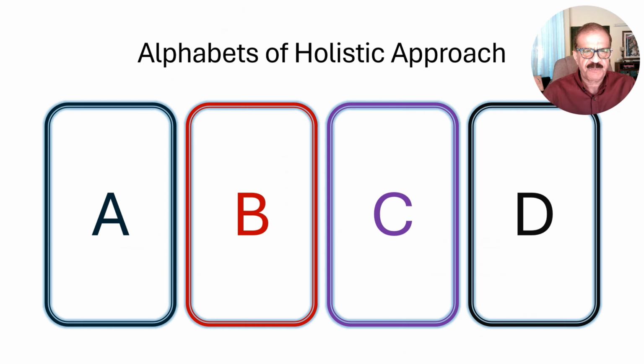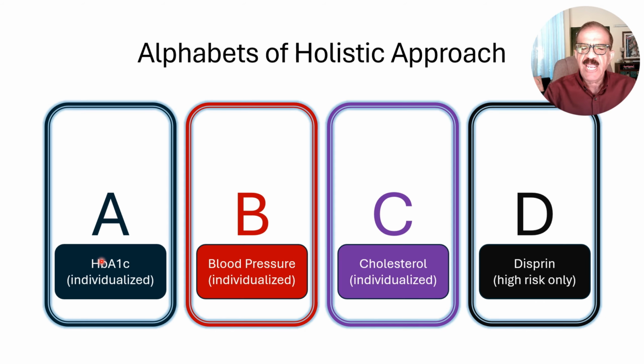Translate into practice. So these four alphabets A, B, C, D of course can be easily remembered, and A stands for A1C. A is derived from HbA1c, and that means glucose control. And this HbA1c should be individualized.